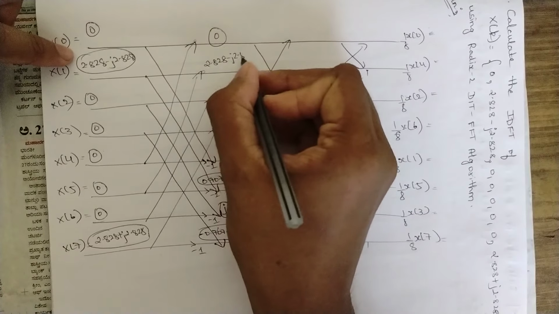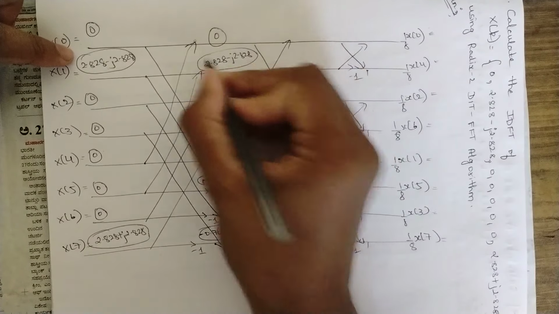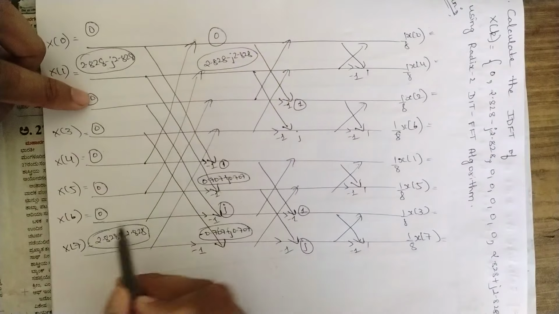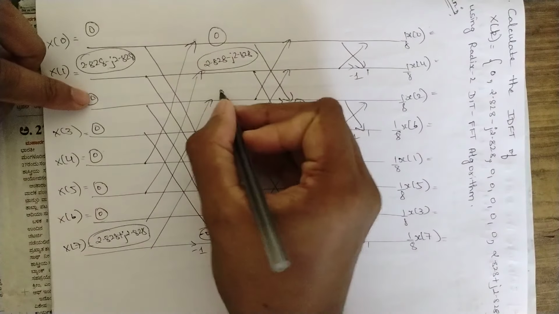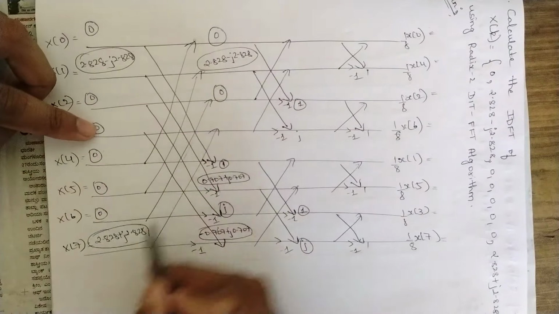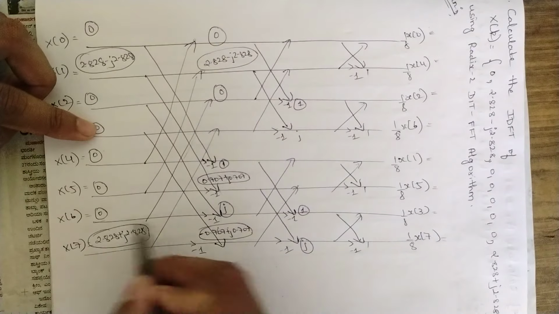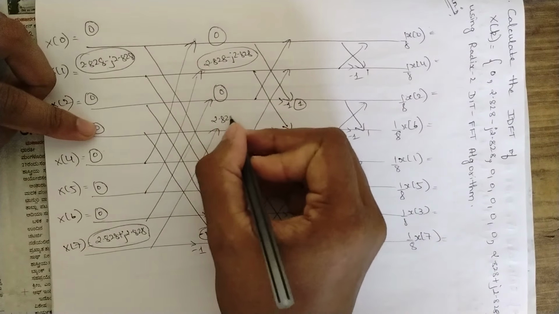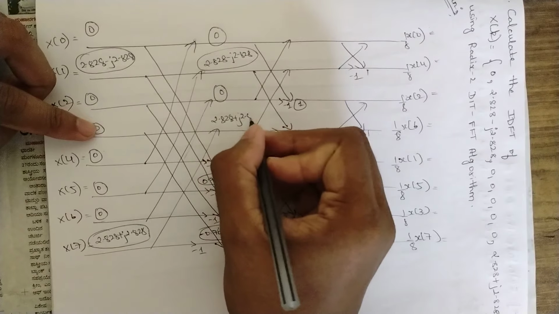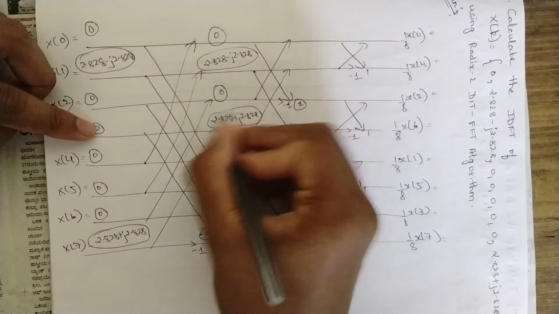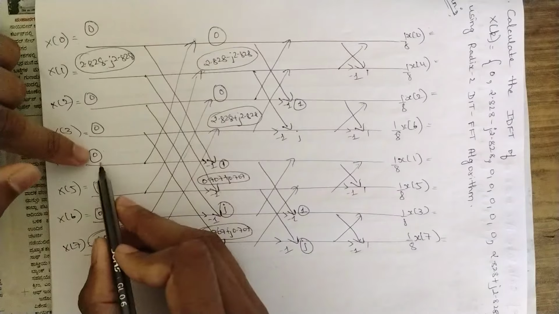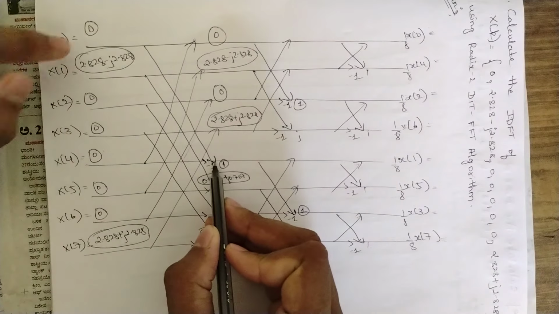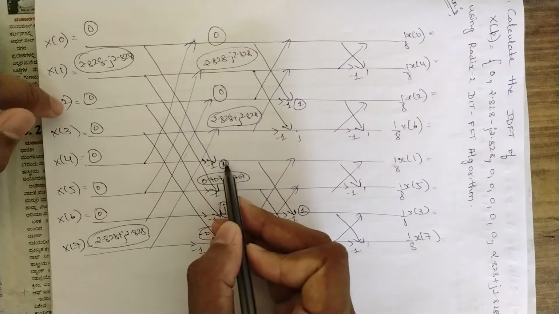Minus j. Highlight it. 0, 0, so 0, then we have 0 and this term, so this term we would be getting here: 2.828 plus j 2.828. Okay, then we have 0 into minus 1 is 0, then from here 0 into 1.